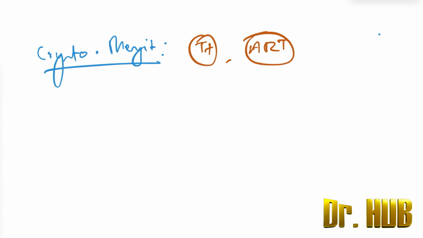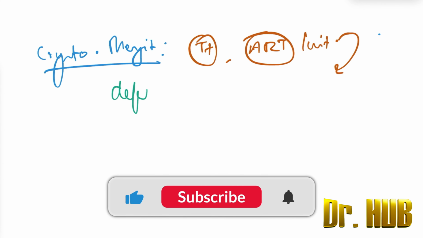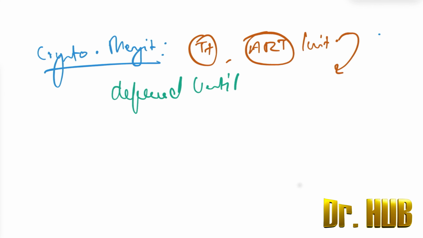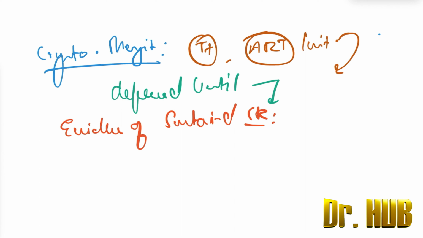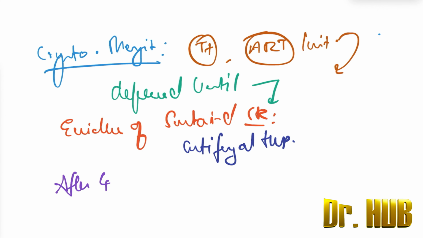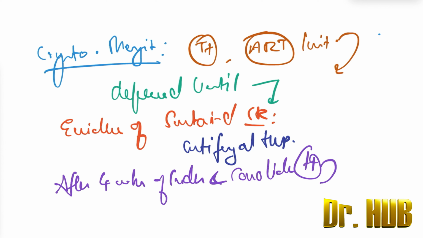The ART initiation should be deferred until there is evidence of sustained clinical response to the antifungal therapy, and after 4 weeks of the induction and consolidation treatment, and this is the amphotericin B containing regimen.